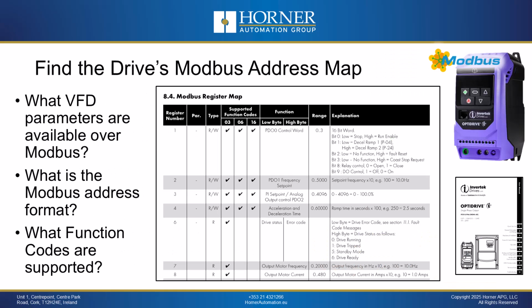At this point in the integration process, it is important to look at the manufacturer documentation to see what parameters are available over Modbus. Many drive manufacturers will have hundreds of parameters available, so you will want to identify which ones you need for your application.